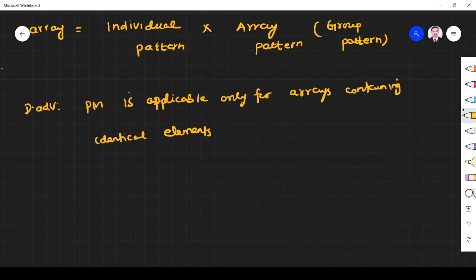Now we will see how to find pattern multiplication. Let us assume our array is a 2-element array, which has 2 HCN dipole antennas located horizontally, antenna 1 and antenna 2.